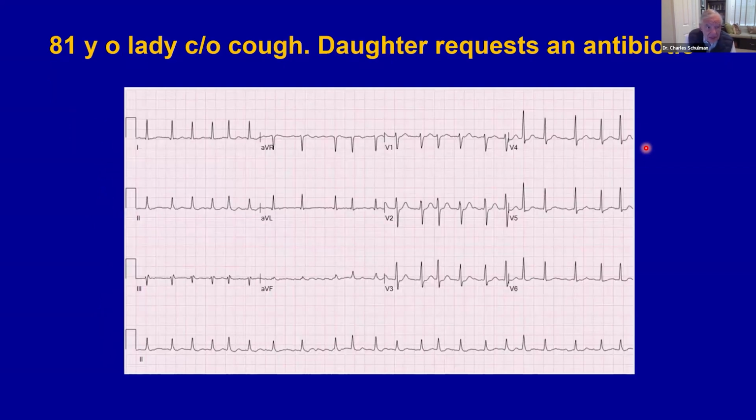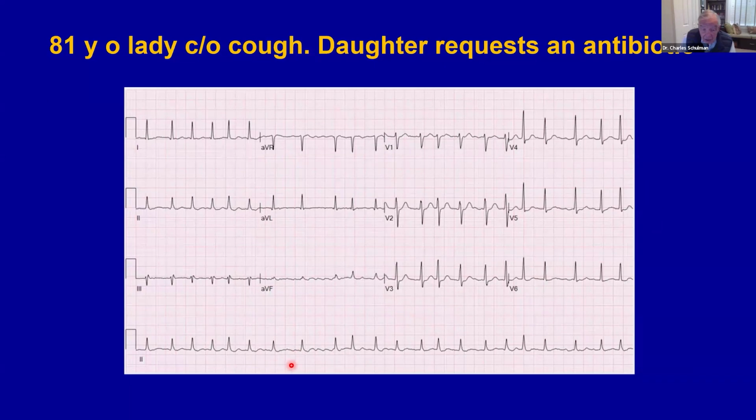So here we have an 81-year-old woman who came to the clinic one day complaining of a cough. Her daughter requested an antibiotic. An alert medical assistant noticed that her pulse was rapid and irregular, and so did an EKG even before I saw her. The EKG shows atrial fibrillation.